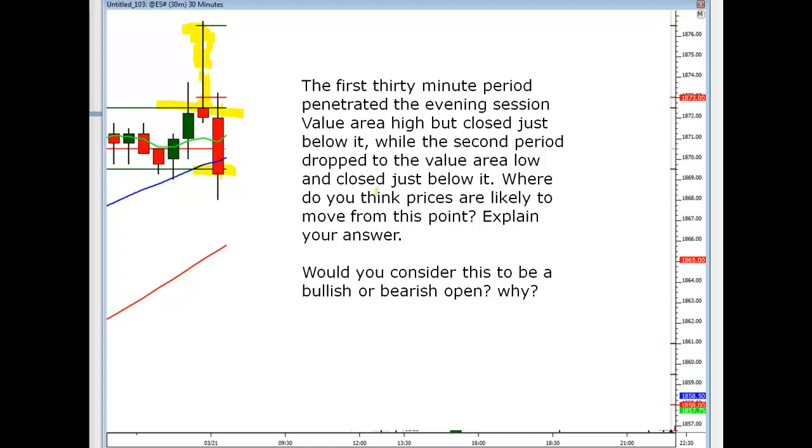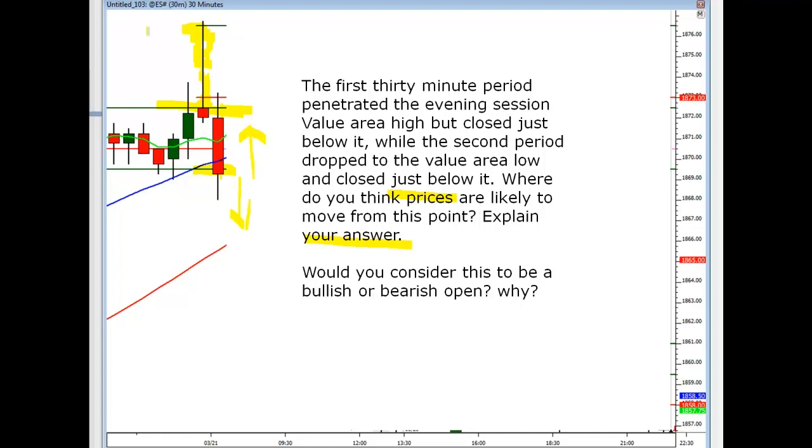Where do you think prices are likely to move from this point, and explain your answer? Would you expect prices to continue dropping, or would you expect them to come back up for another retest of this value area?